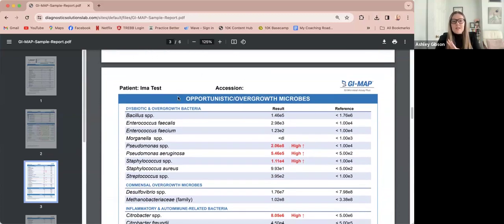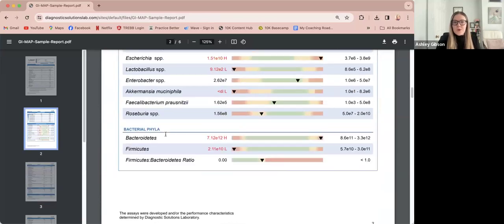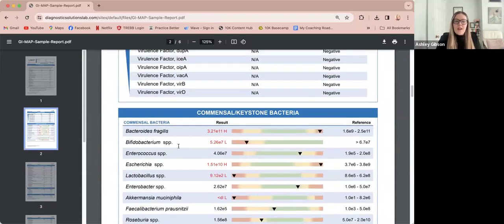We get to see even more insights here for overgrowths. These are other opportunistic species, things that we do not want to see in elevation. It's important to know on this page, the reason why this is broken up and separate from this first page is we really don't want to see any of these species detected.